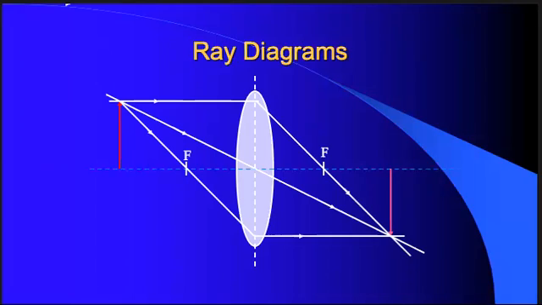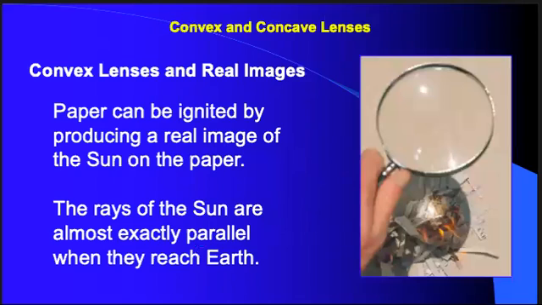Now, what do you produce here? That is a real image. Okay? A little bit enlarged, right? So convex lenses produce real images. Paper can be ignited this way, which shows that the rays converge at the focal point, where they intersect.